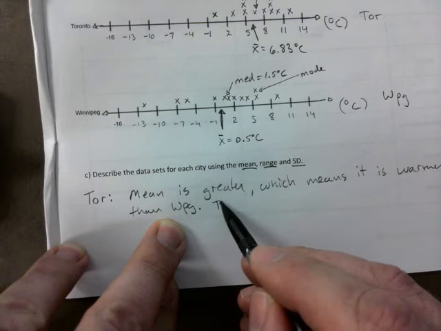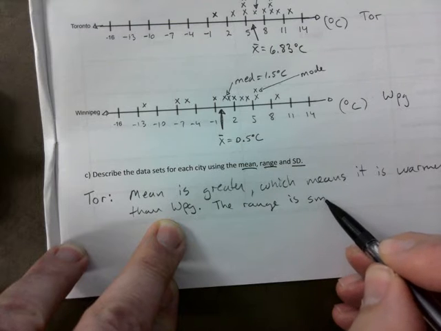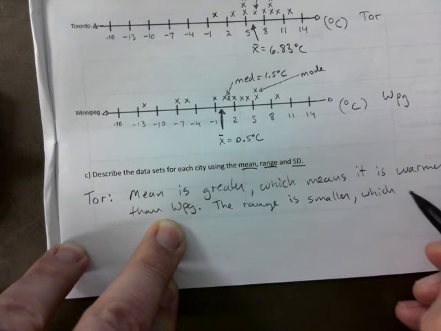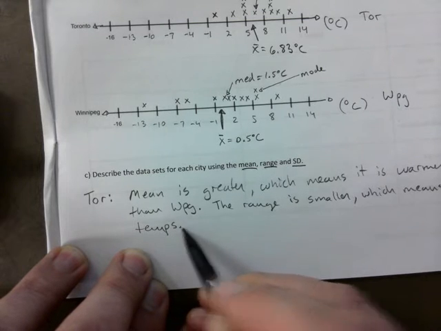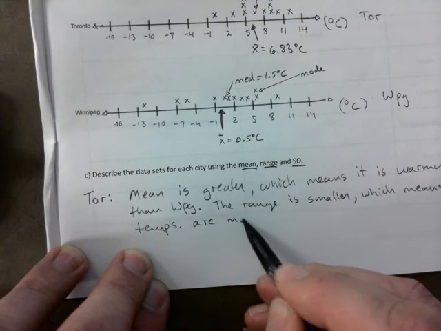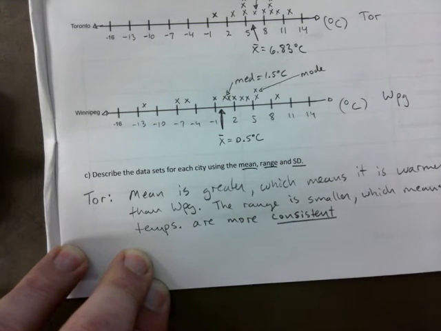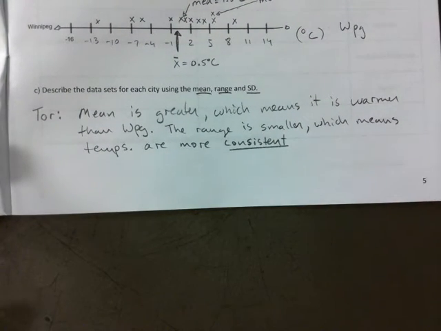The range is smaller, which means temps are more consistent. There's that word consistent. Sorry, you can't see that, right? So for Toronto, the mean is greater, which means that it is warmer than Winnipeg. The range is smaller, which means that the temperatures are consistent.